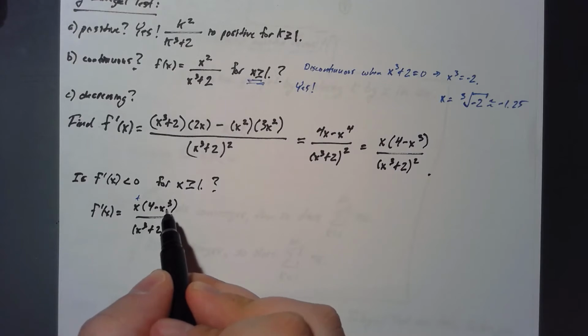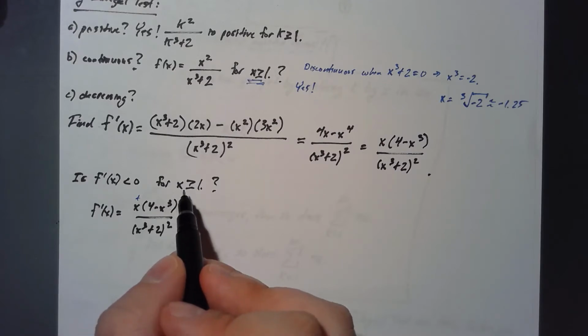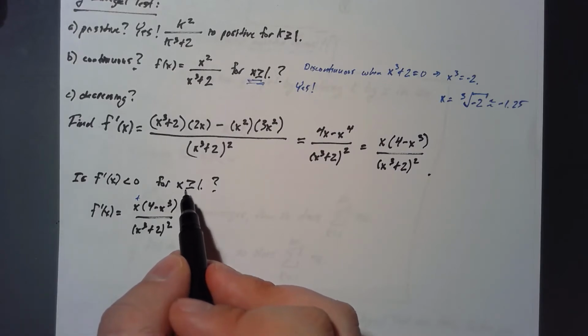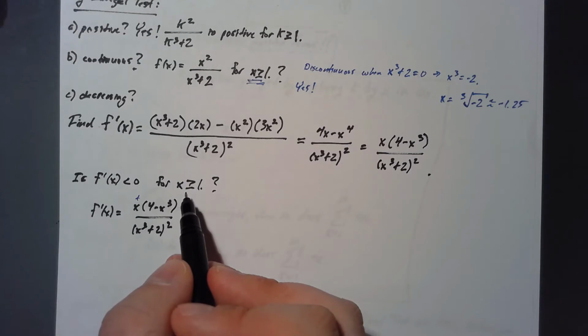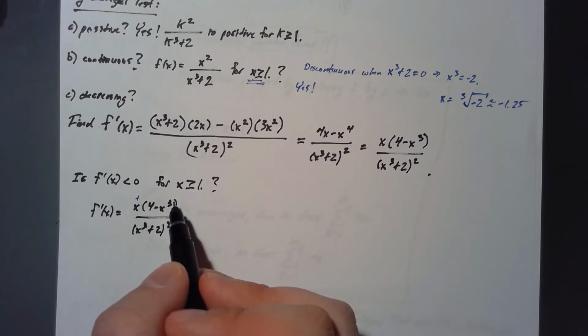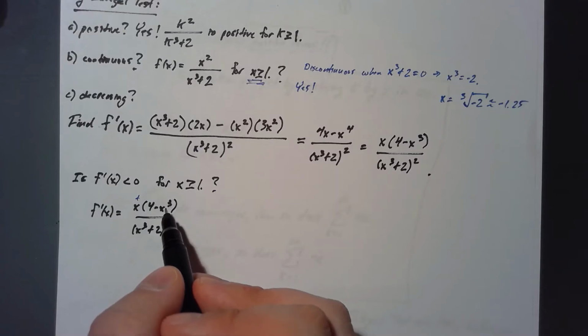Well, that's positive at first. But if I plug in 2, 2 cubed is 8, so 4 minus 8 is going to be negative.